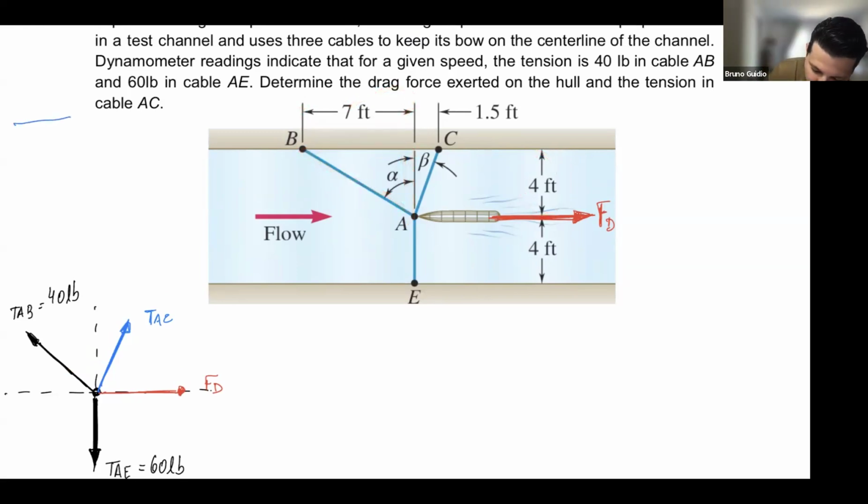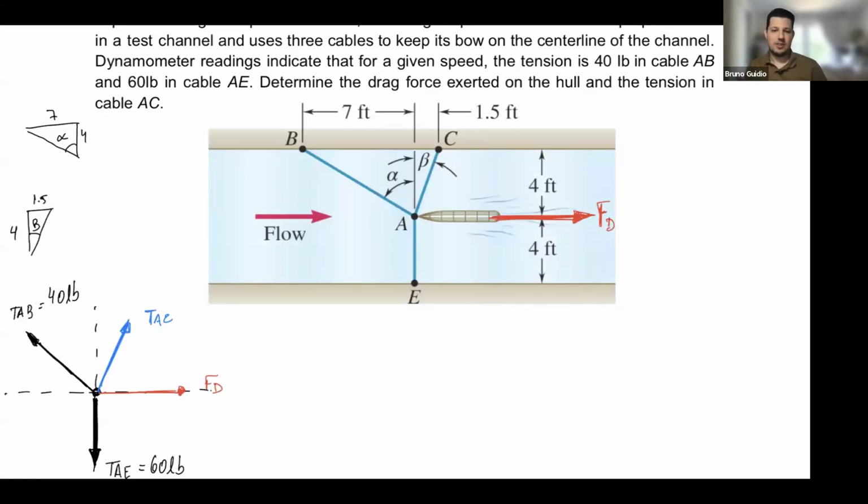Let me draw it right here: 7, 4, and this is alpha. The other one is, see if you agree with me, beta: this is 1.5 and 4. You guys agree? Right angle right there.